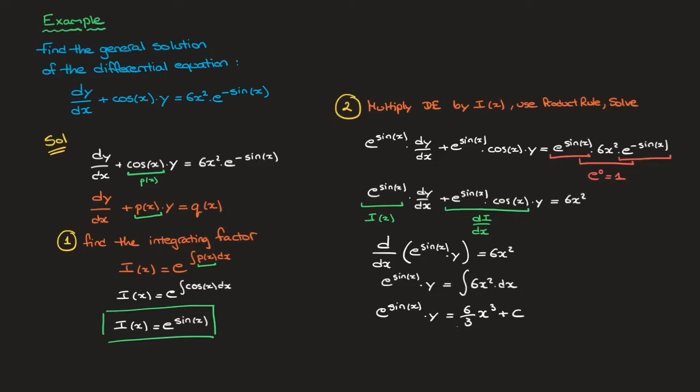Finally, using the fact that 6 divided by 3 equals 2, and dividing both sides of this equation by e to the sine of x, we obtain the general solution y equals 2x cubed plus c over e to the sine of x. And that's the final answer.